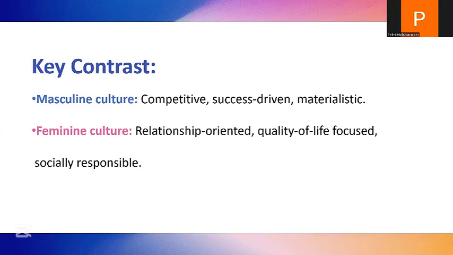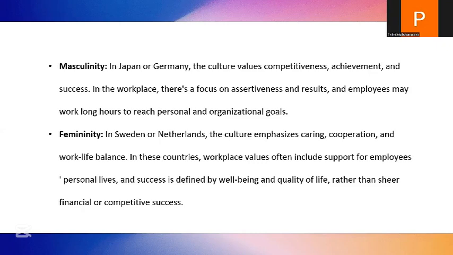So if we categorize masculine culture and feminine culture, these are the key contrasts, which are most visible. In the business world, for example, Japan and Germany always go for competitiveness, achievement, and success, so we can see masculinity in that culture. Femininity is most probably found in Sweden and the Netherlands.